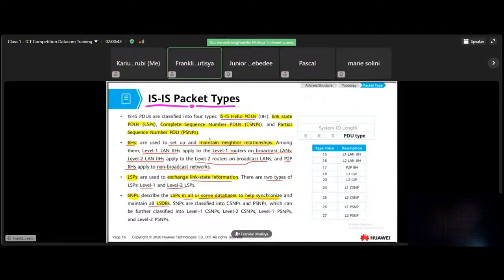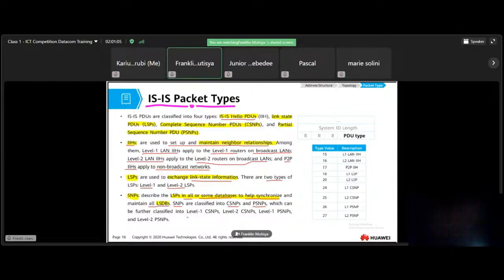So sequence number PDUs, we are saying they are classified into complete sequence number PDUs and partial sequence number PDUs. They come in these flavors.